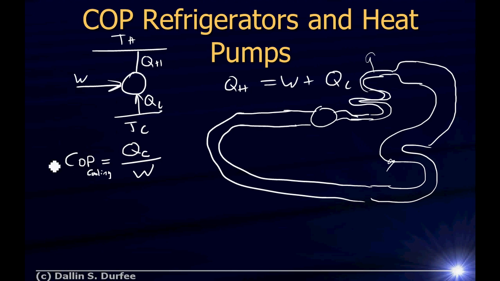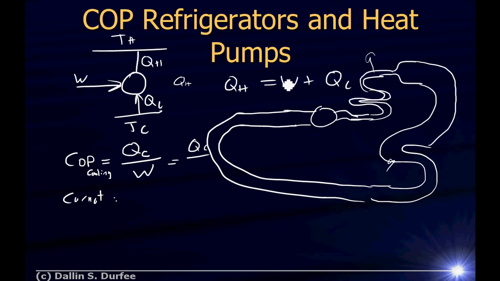Now, if you use an ideal Carnot cycle, you'll get the best refrigerator you can get. So for the Carnot coefficient of performance, remember, Q cold over work. Q hot is equal to work plus Q cold, so work is just going to be Q hot minus Q cold.